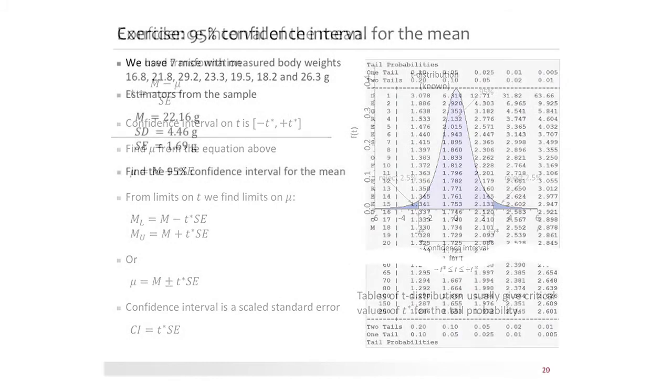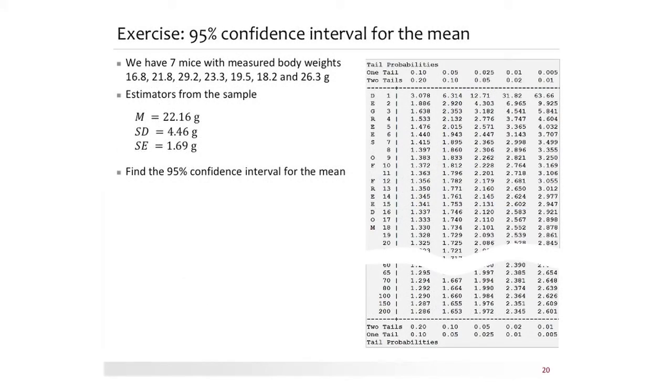Now let's do a little example, which I hope will make it easier to understand. Consider a sample of 7 mice, and we measure body weight, and these are these 7 numbers. What I did for you, I made your life easier, and I calculated the mean, standard deviation, and standard error. And now I ask you to find the 95% confidence interval for the mean.